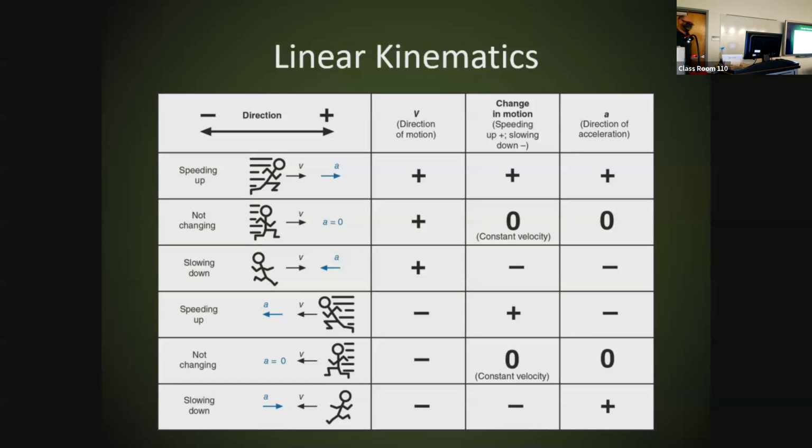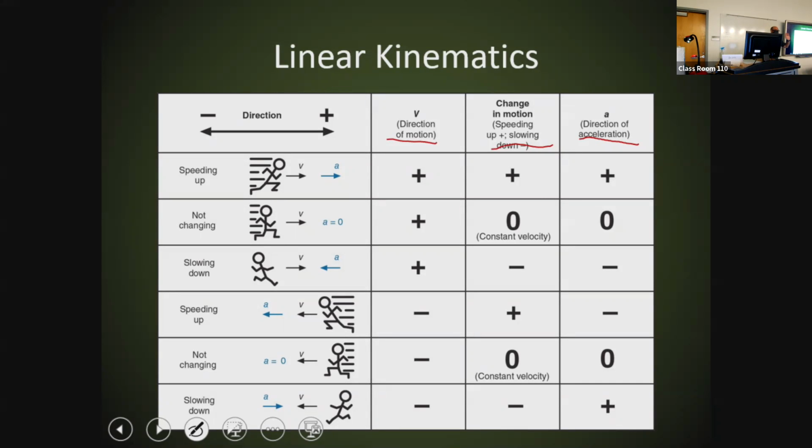Beautiful little chart. So describing the direction of the motion, the change in the motion, and then the acceleration that is happening. We've got positive, negative, and then 0 is basically there's no change. So this is where we have to get into a mindset of what direction we're going to be picking for positive and then negative.